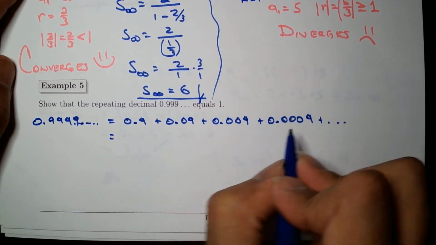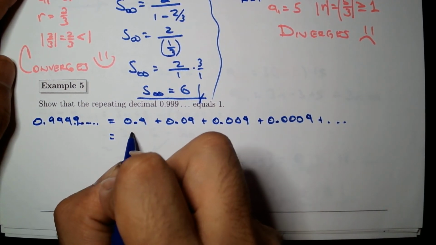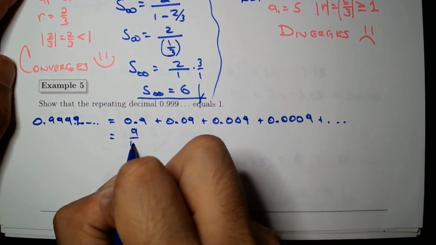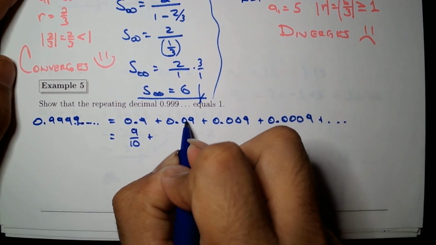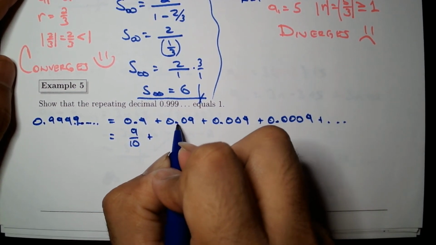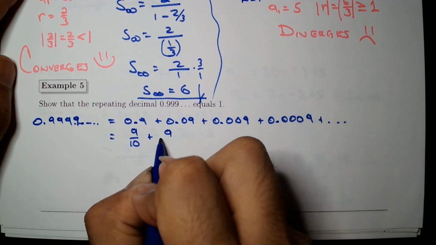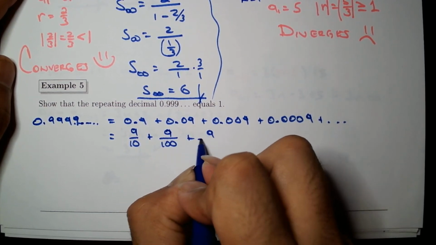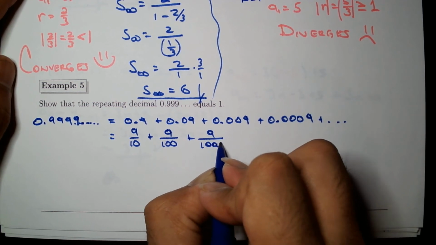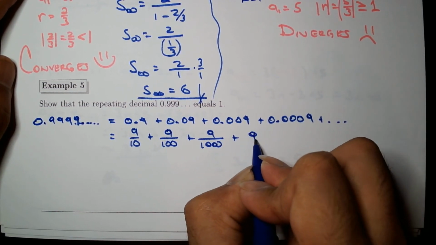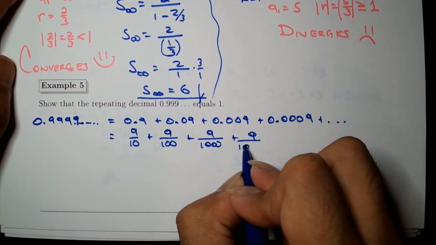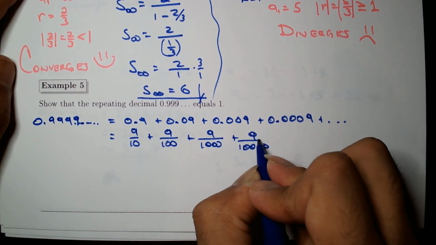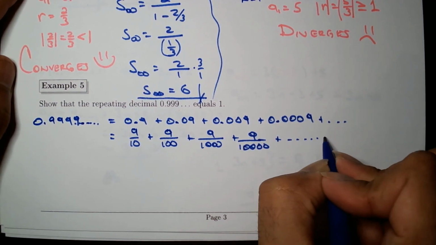Changing these to fractions, 0.9 is basically 9 out of 10, 0.09 is 9 out of 100, then 9 out of 1,000, 9 out of 10,000, and this goes on forever.